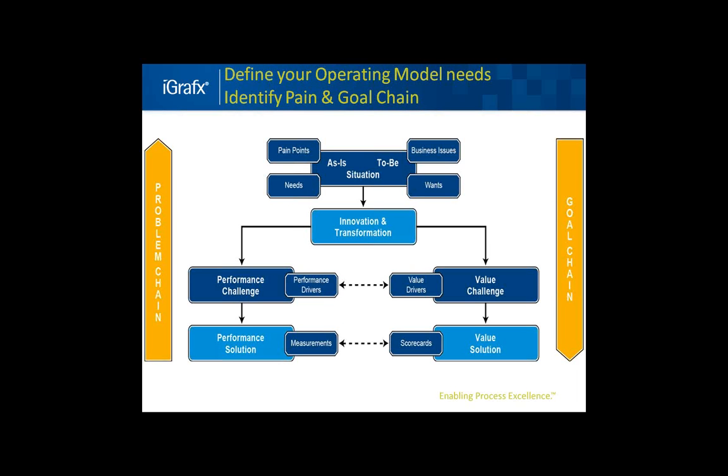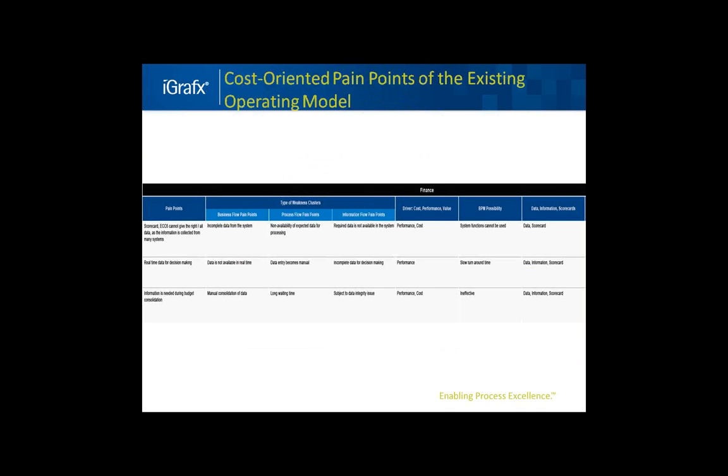To implement a new way of thinking based on a goal chain and to actually take away your operational problems takes a lot of work. In this case, this is a true life mapping of the pain points of finance. So in this case, you see this was scorecards, ECC6. This would be in SAP systems for those of you who don't know it.